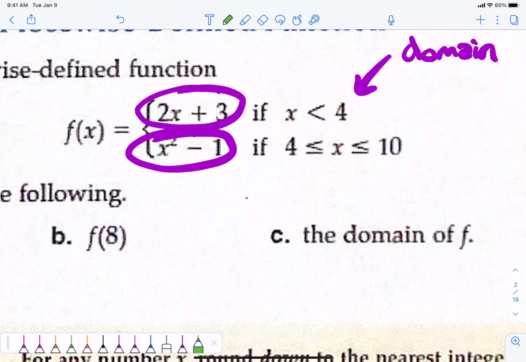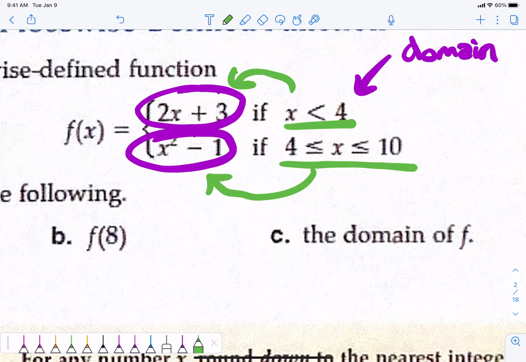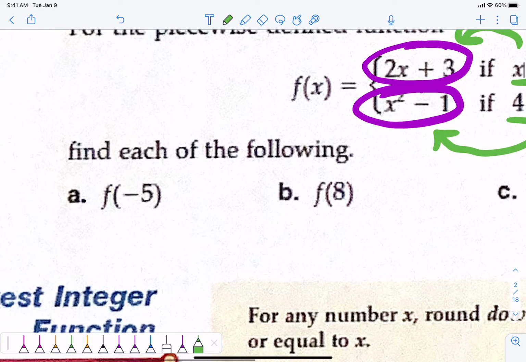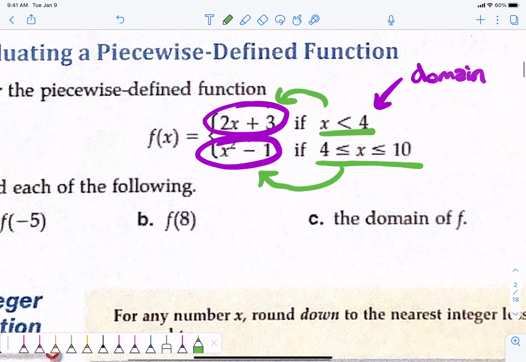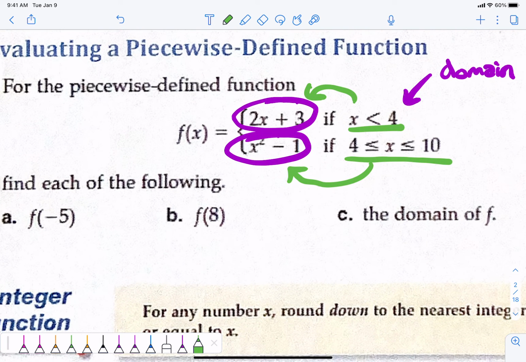If the number you're trying to plug in is less than 4, you're going to plug it into the top. If the number is between 4 and 10, you're going to plug it into the bottom function. That's easy.